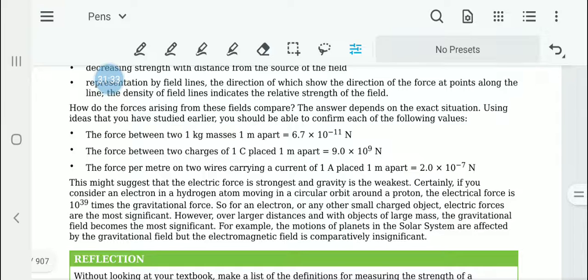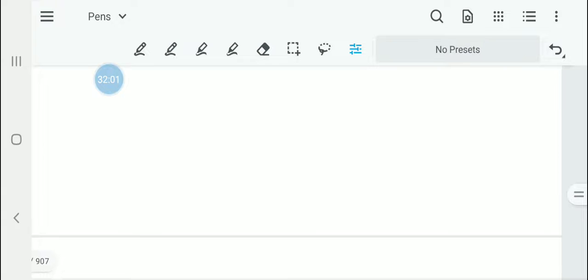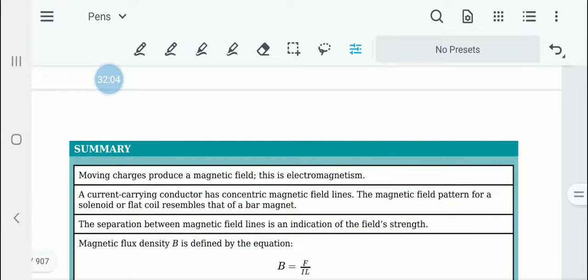While this is true for small distances, when large distances and large objects such as planets are considered, the effect of the gravitational field is more significant than the electromagnetic field. I hope you understood. Now let's look at the summary.